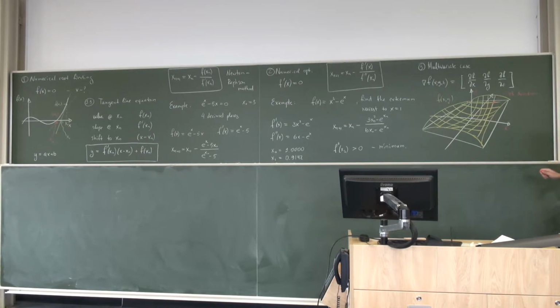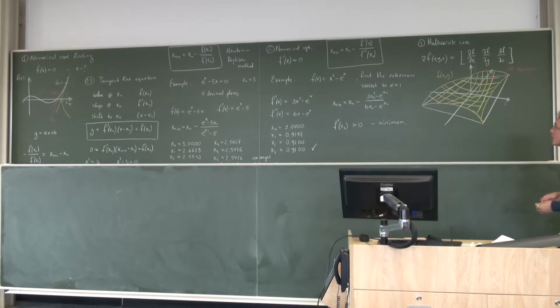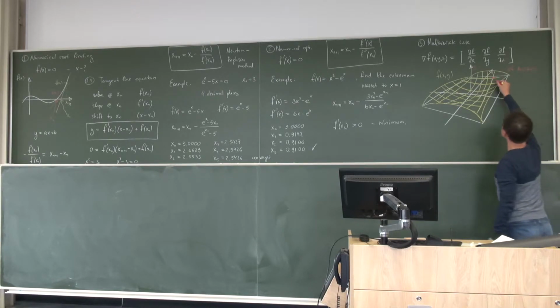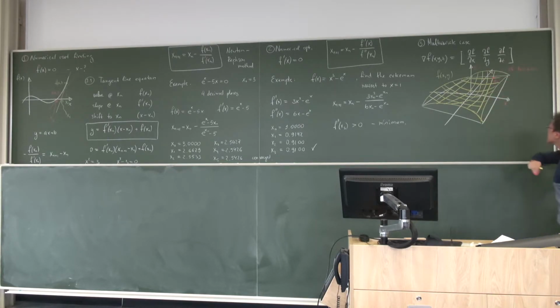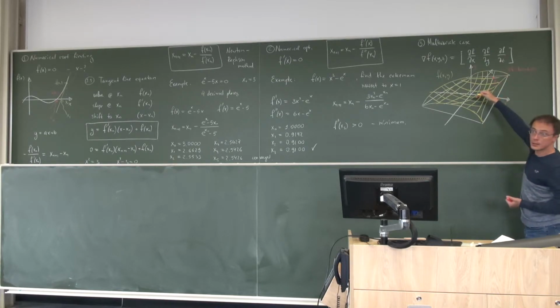Let us say we are minimizing the function. So we are looking for a minimum. Then, if that is our x0, then the best x1, given the information, would be the point that is shifted a little bit in that direction.